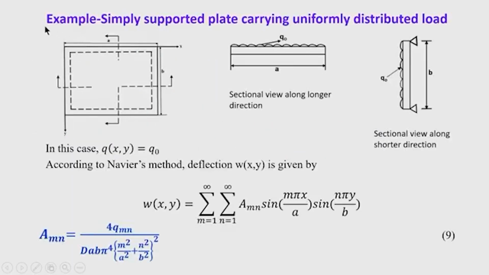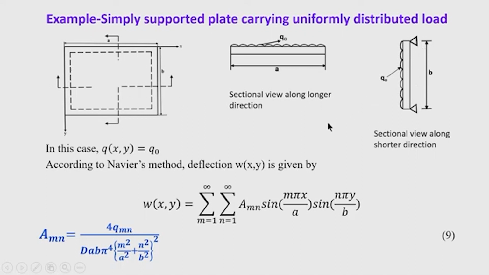Now, let us take an example of simply supported plate carrying uniformly distributed load. So, this is a simply supported plate which carries uniformly distributed load. Now, you can see here the section is shown along the longer direction as well as along the shorter direction. There is the length direction, there is A, and the shorter direction you can see this width B. Okay.